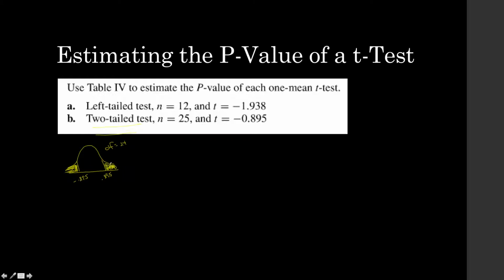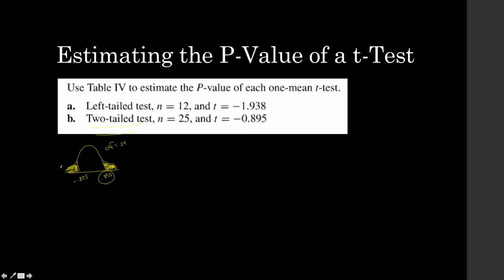So what you have to do is find this value in your T table, and whatever that value happens to be, it will be the same on the other side since they're symmetrical.